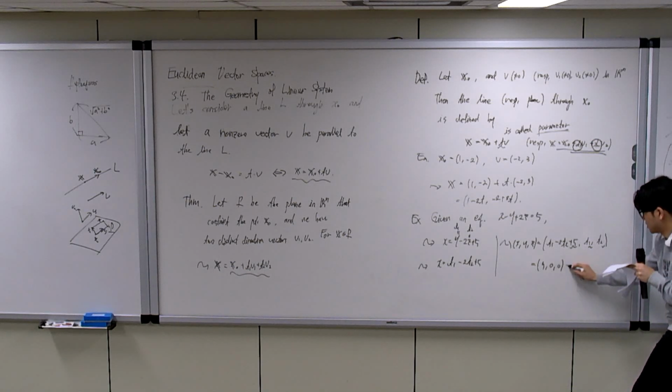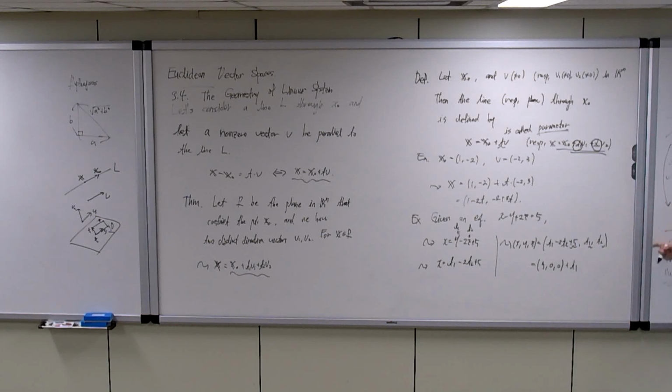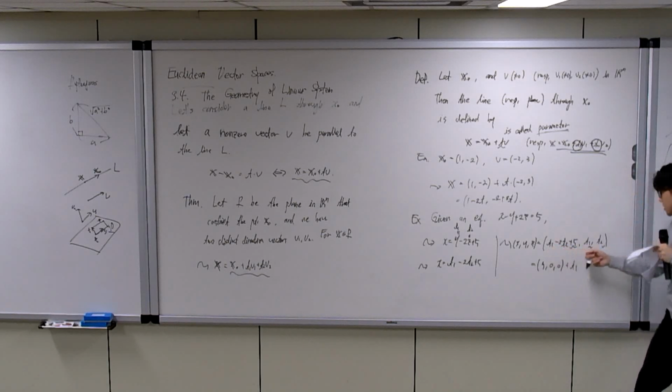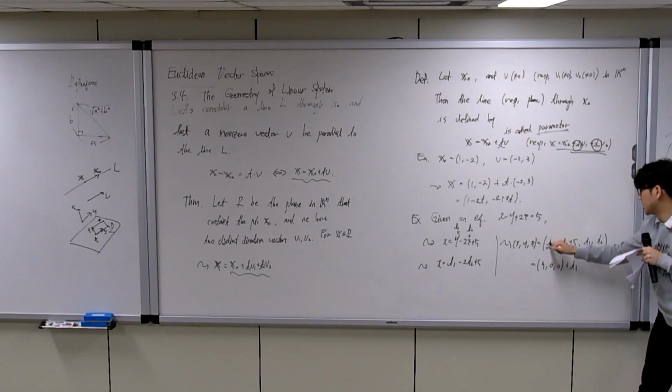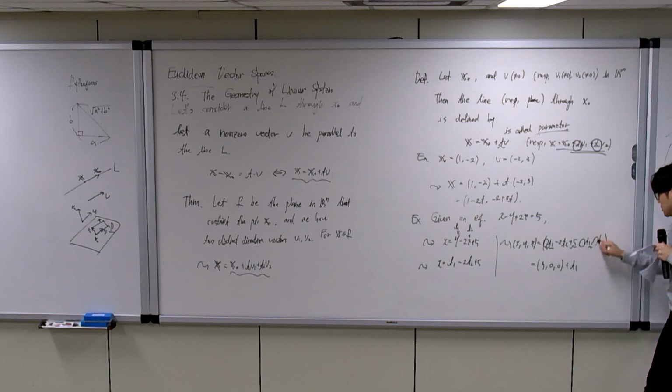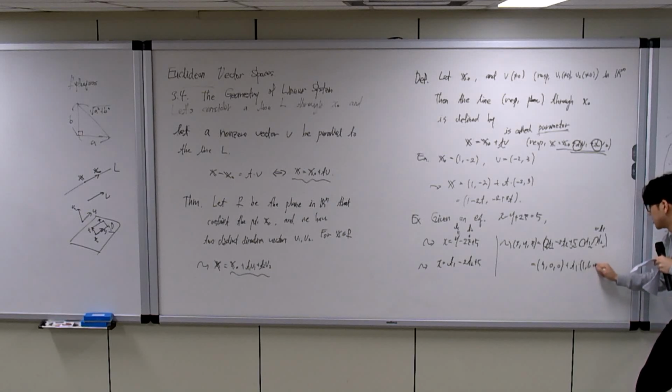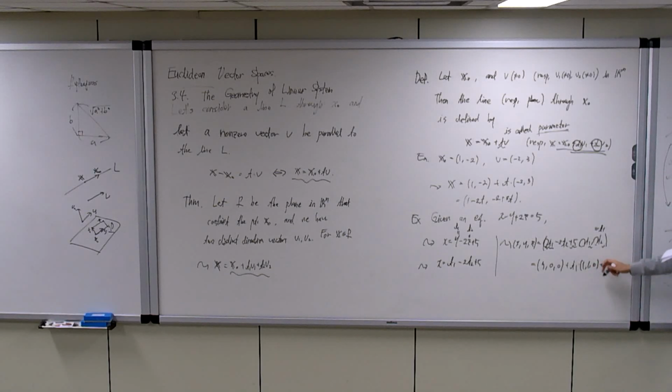Having the coefficients of the parameters, the coefficient of t1 is (1, 1, 0), and the coefficient of t2 is the vector (-2, 0, 1). And so the solution set will be written with these three vectors having two parameters t1, t2.